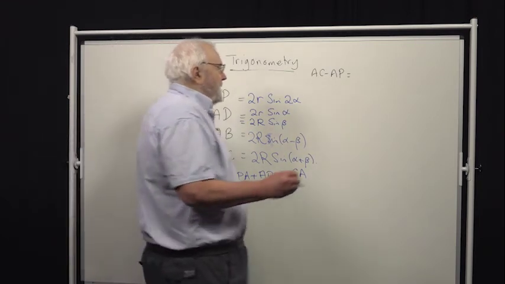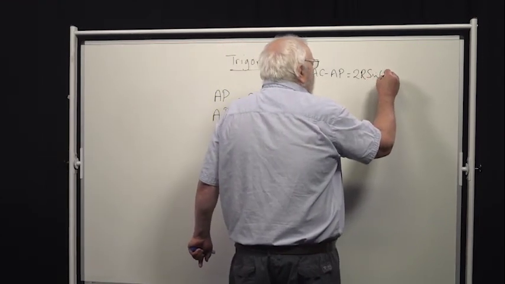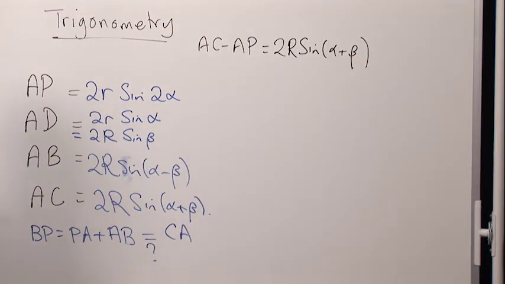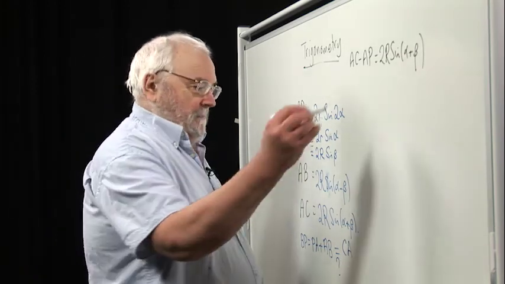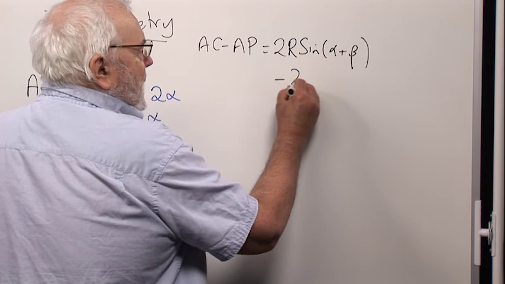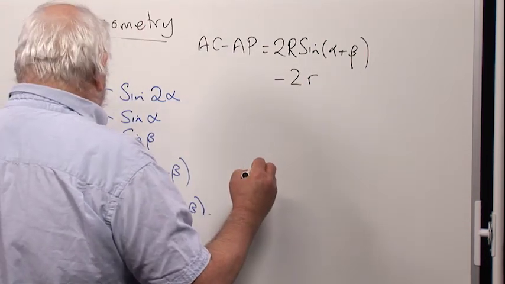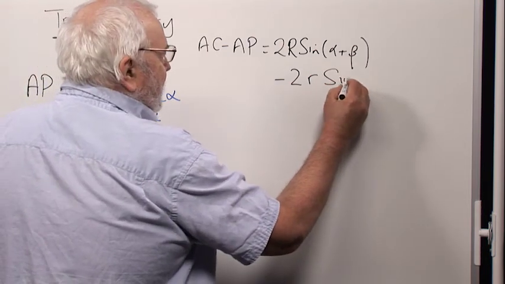AC is twice capital R times the sine of alpha plus beta. And AP is twice little r times the sine of 2 alpha.